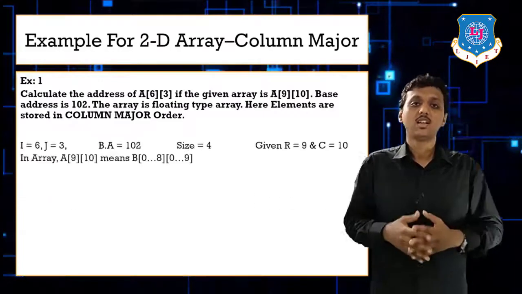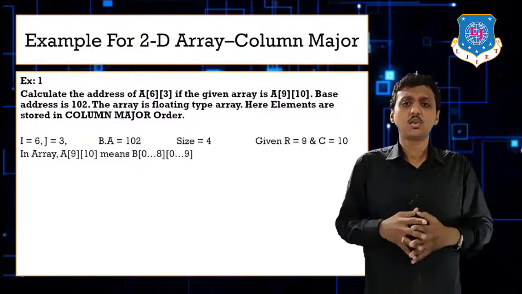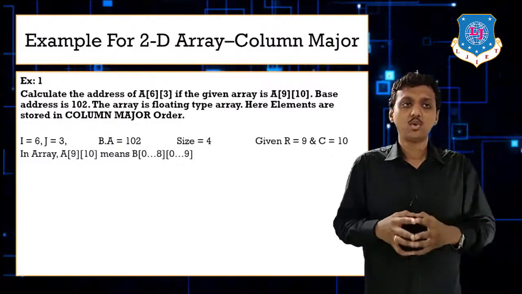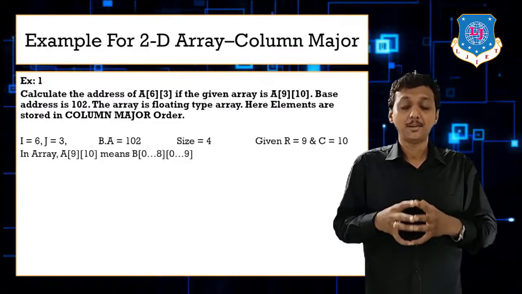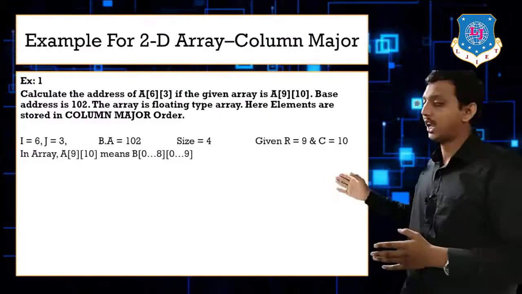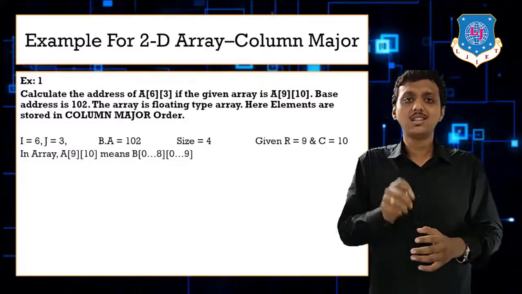Okay, fine. Now let's put the data. First, I is equal to 6, J is equal to 3, base address is equal to 102, size is equal to 4, then given R and C, R is equal to 9, C is equal to 10, and the array is A of 9, 10. That means the range should be 0 to 8 and 0 to 9.